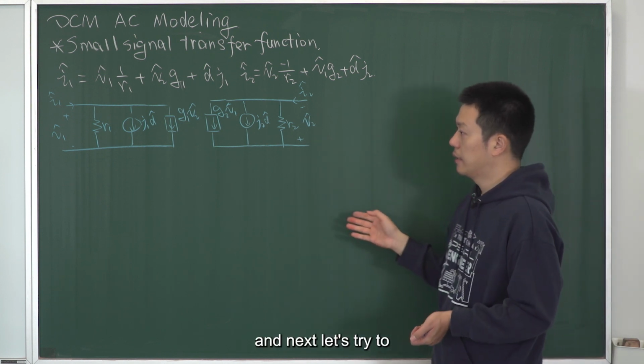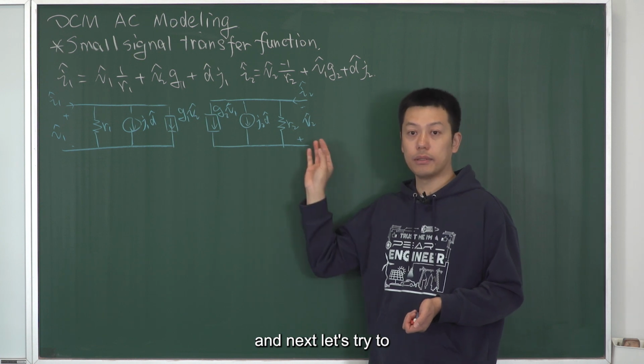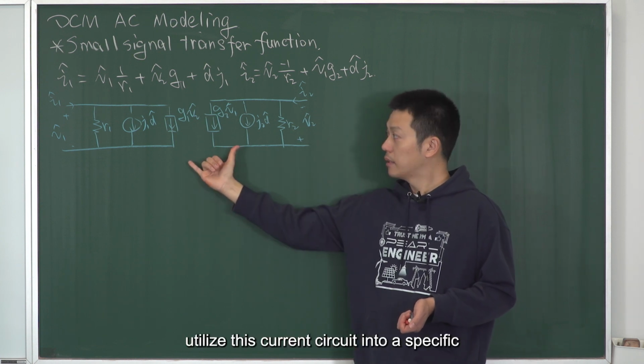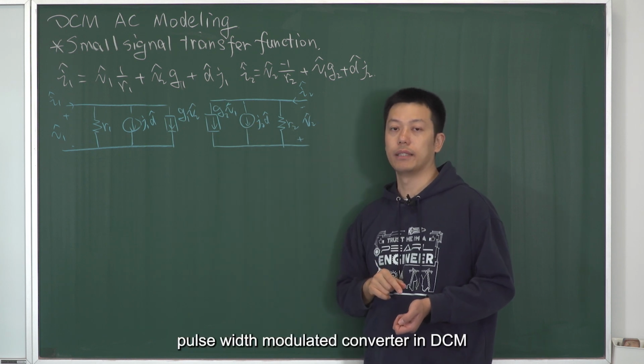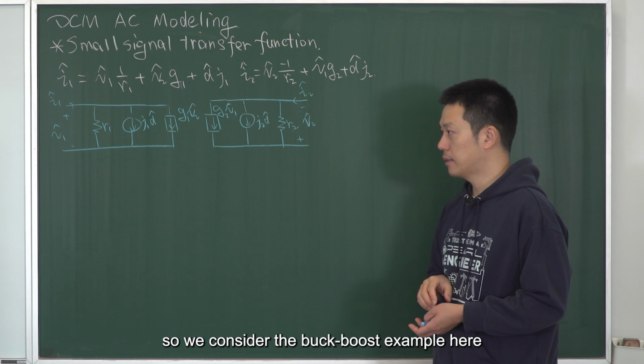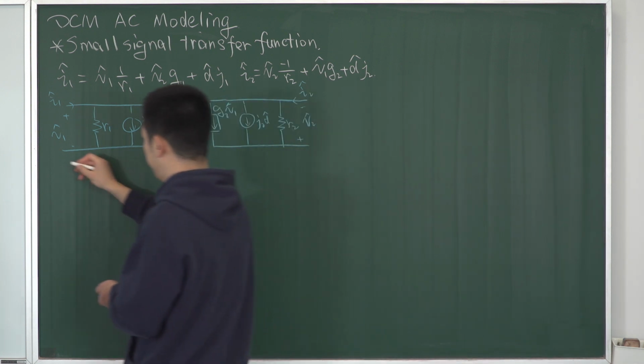And next, let's try to utilize this equivalent circuit in a specific pulse width modulated converter in DCM. So we consider the buck boost example here.